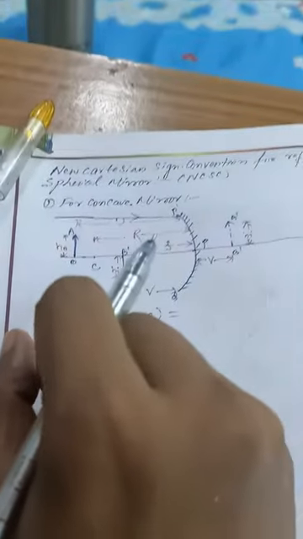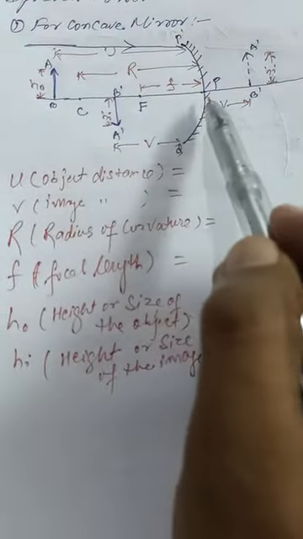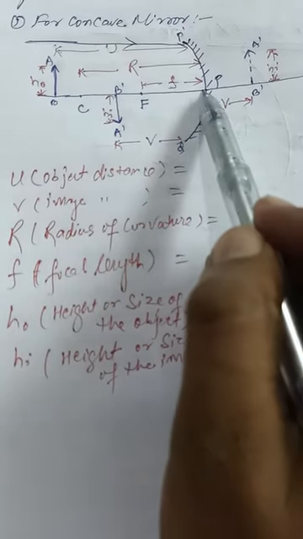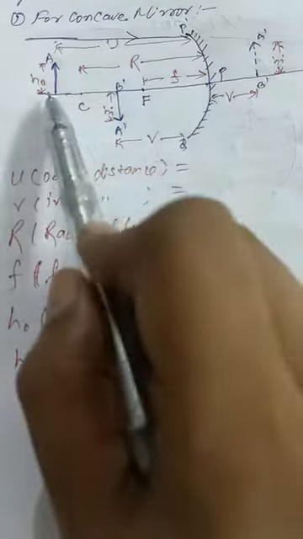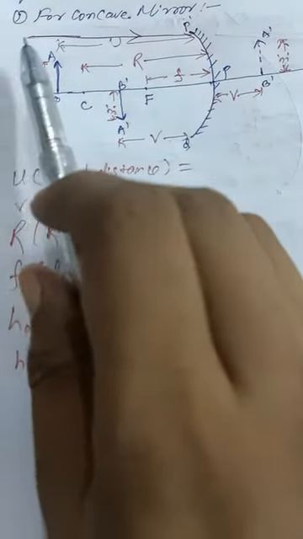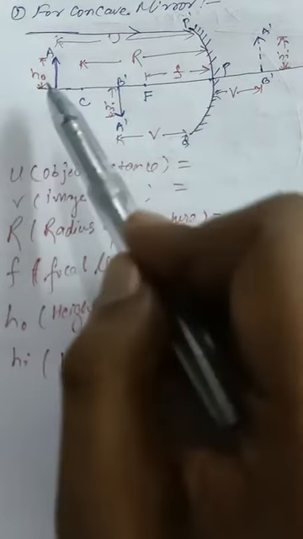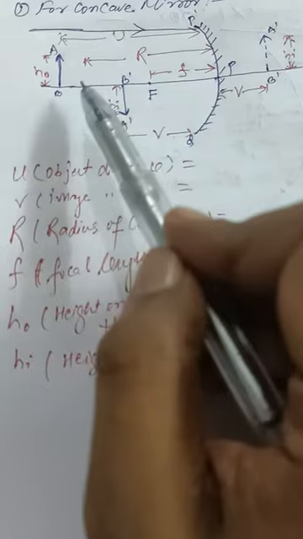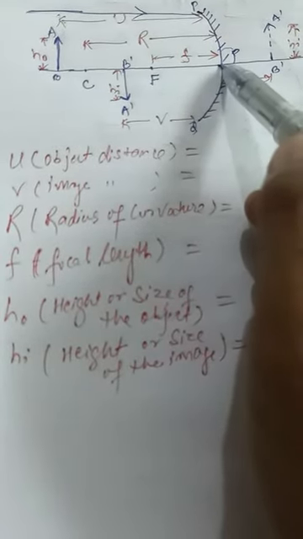When a ray comes from left to right, strikes and then bounces back, we always measure distance from point P on either side, left or right. The direction of the ray of light we consider positive, and against it we consider negative. So from the pole we calculate the distances one by one.